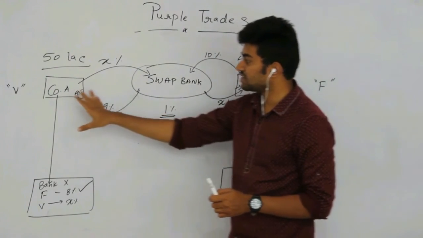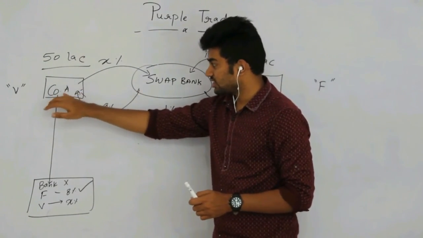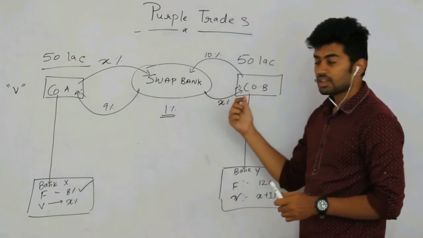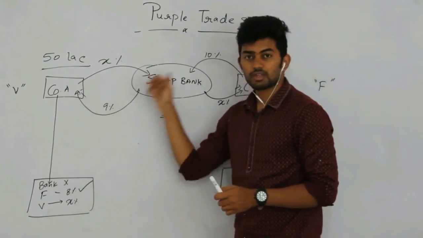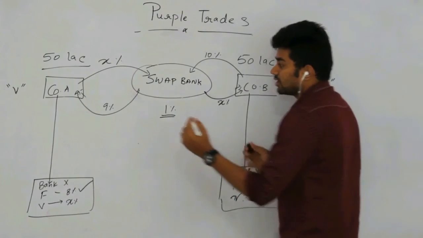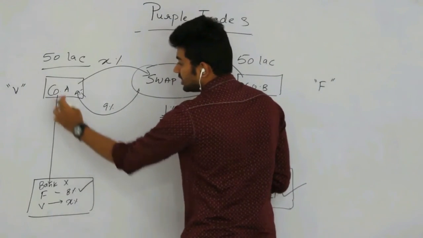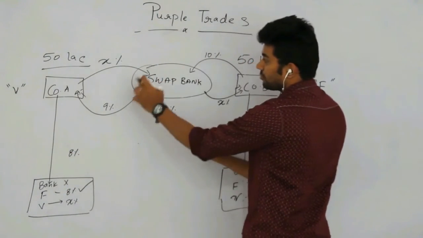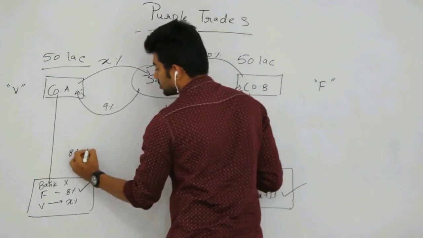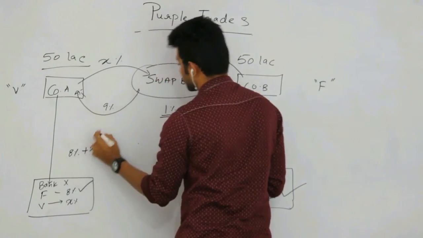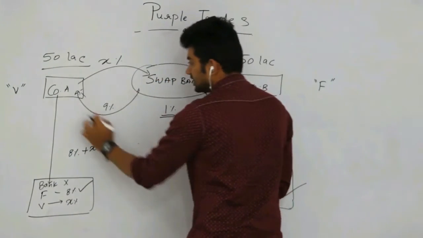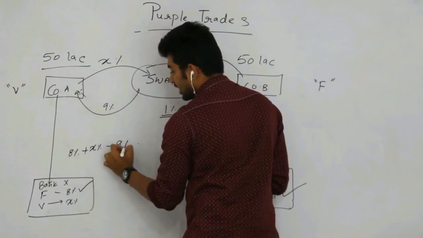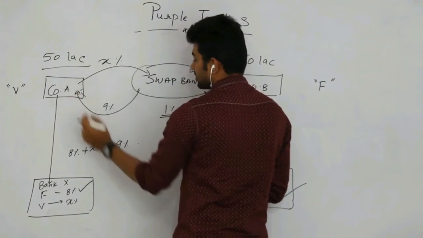And if we see the overall condition of company A and company B, we will also see that both the companies are making a profit. That is, company A is paying 8% to bank X and paying X% to Swap Bank, but instead getting 9% from Swap Bank.